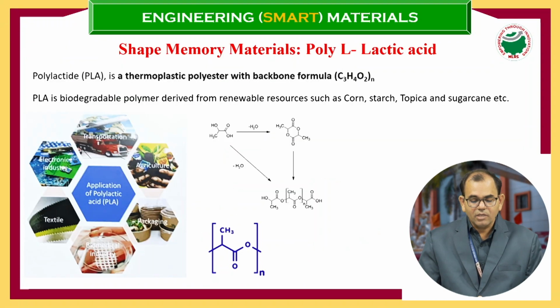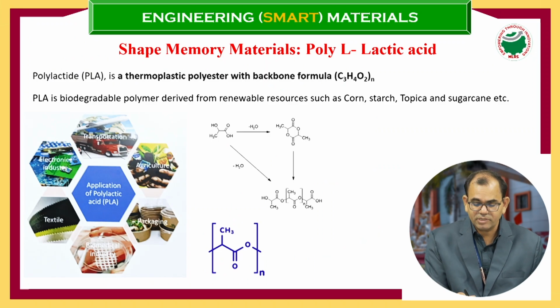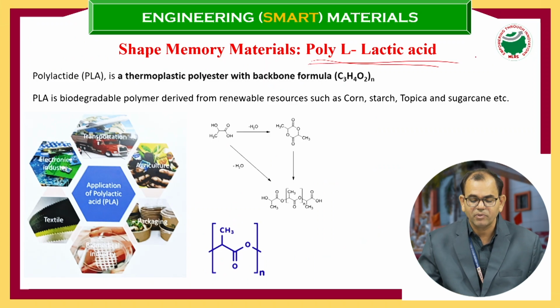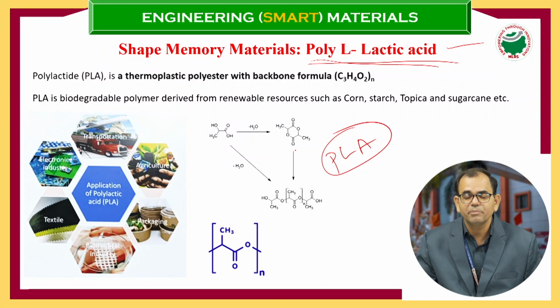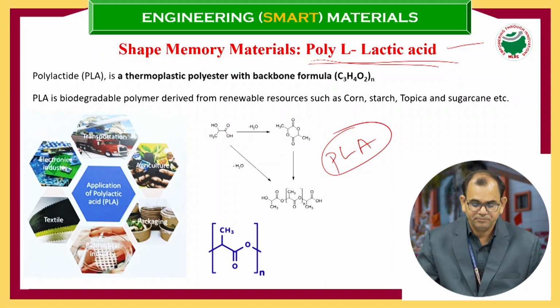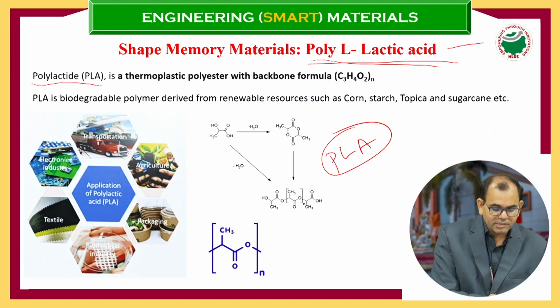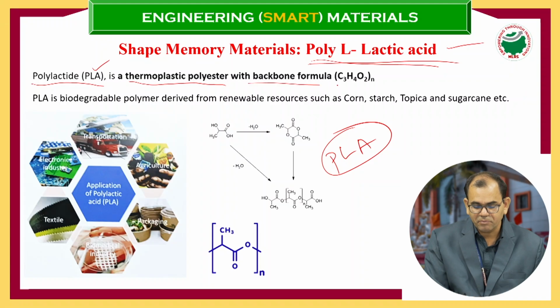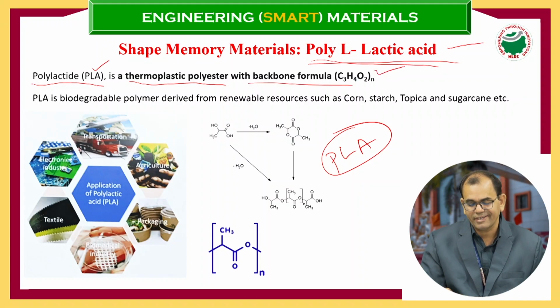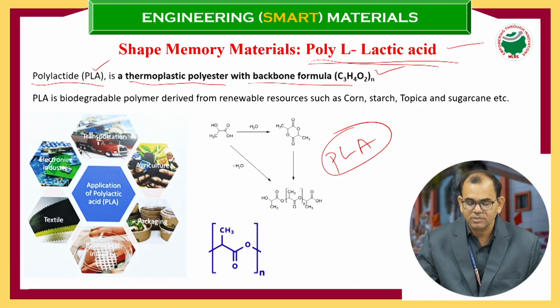Now, shape memory materials, polymers. What is the best polymer example for shape memory material? Polylactic acid, PLA. PLA is the best example for the shape memory material or shape memory polymer. Polylactic acid, denoted as PLA, is a thermoplastic polyester with backbone of C3H4O2 taken n times. n represents the number of monomers involved in the polymerization.